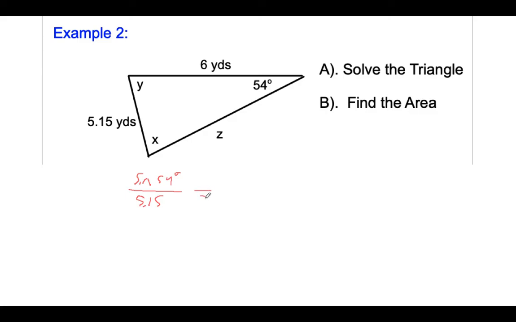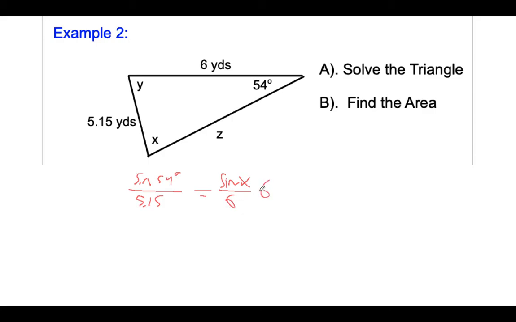Now we need to choose another ratio which has at least one corresponding piece of information already. So if you look here, the opposing side of y would be z. So these would go together on a ratio, but those would have two variables. So that'd be difficult to solve. So let's choose x and 6. Okay, so sine of x, whatever that degree measure is, over 6. So now we solve.